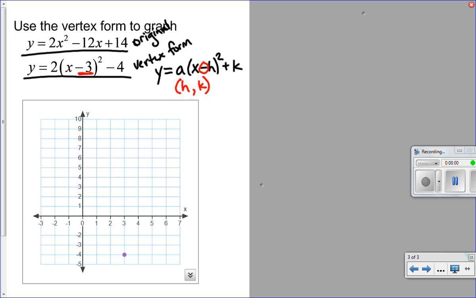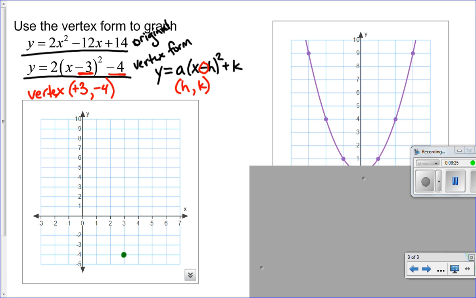So here's our x value for the vertex, but we do, again, have to remember to change its sign. And then our y value gets to keep its sign. So this is going to be our vertex. So there's a point here on our graph, and that, again, will be our vertex.